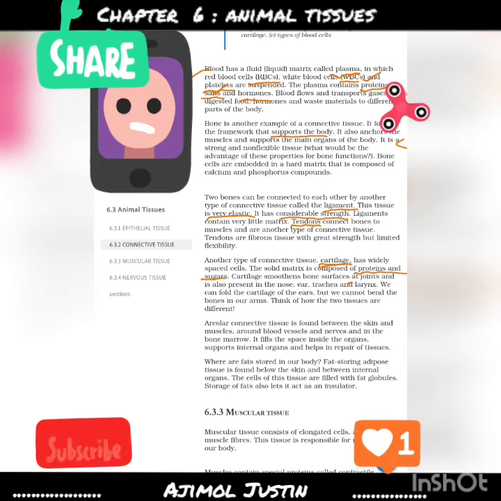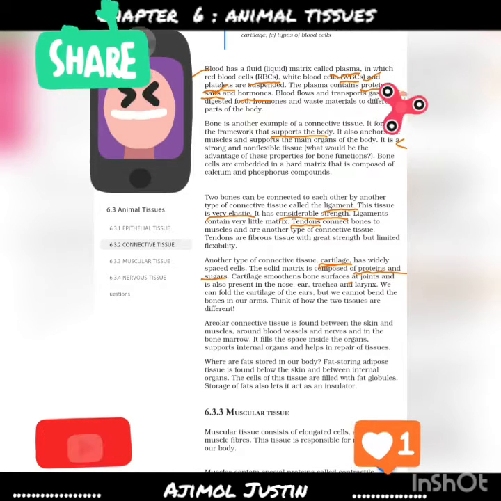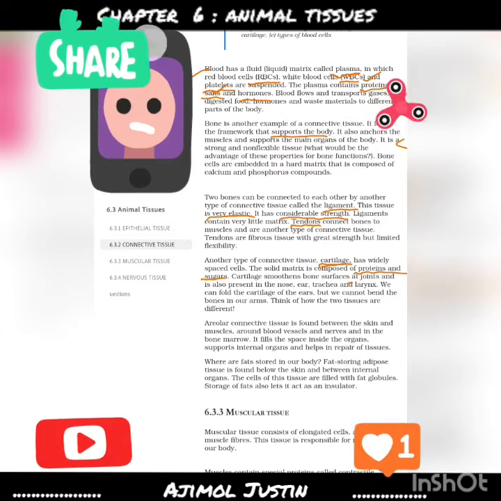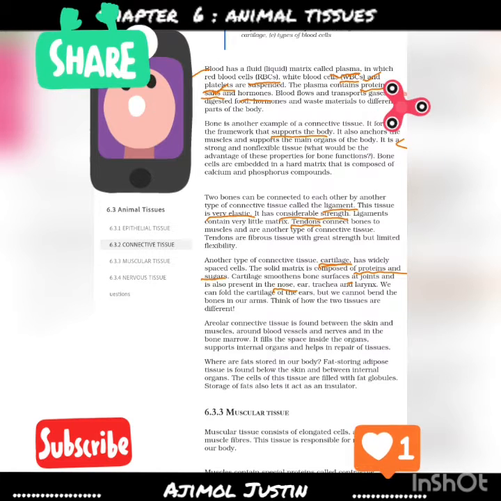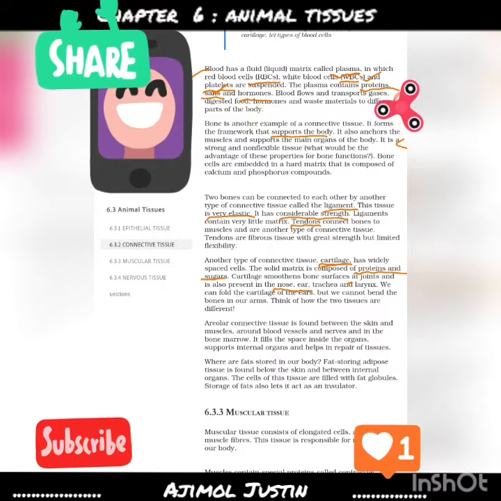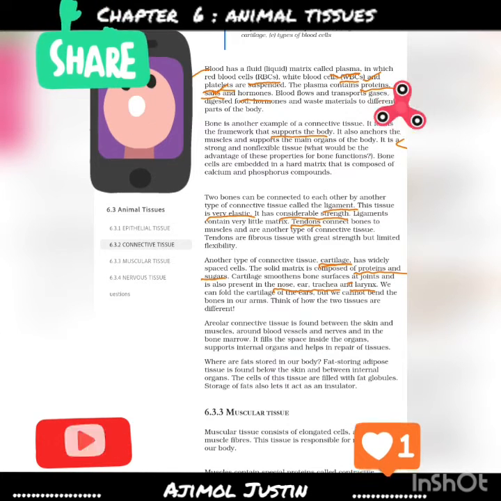Where there are joints, the bone and bone should not come in contact and have wear and tear, right? In certain areas, these cartilages are present. Examples are on your nose, on your ears, in between trachea and larynx. Here you can find cartilage.